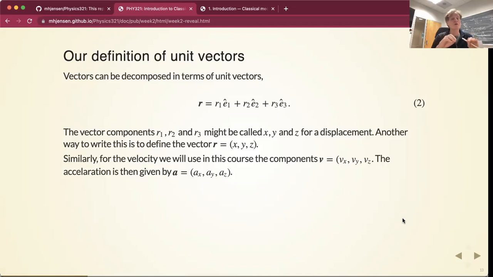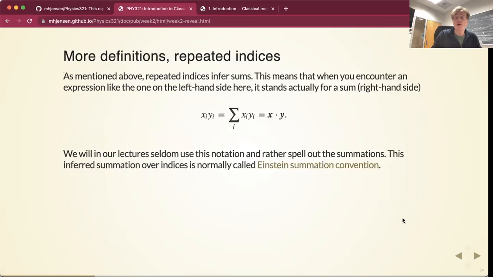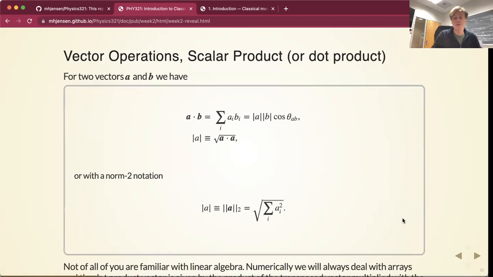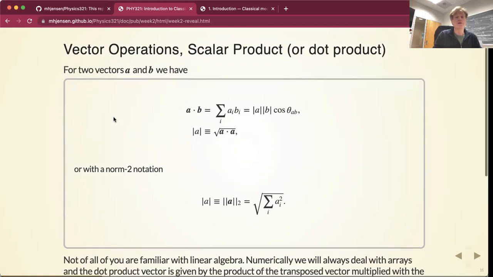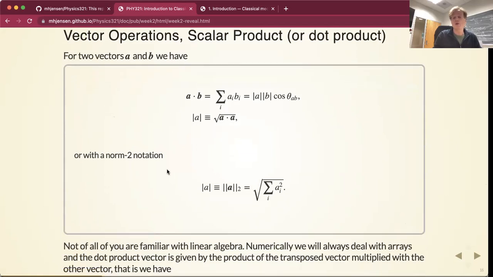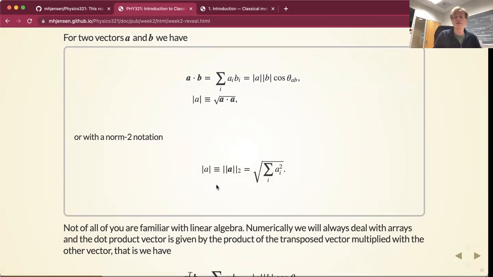We invite you also to take a look at the material which you see here. Feel free to skip what we write about matrices, because that's something we will not cover, and we will not use matrices in this specific course. But there are other quantities here, like the dot product of two vectors, the norm of a vector, and the kind of notation which you may have seen in mathematics courses.